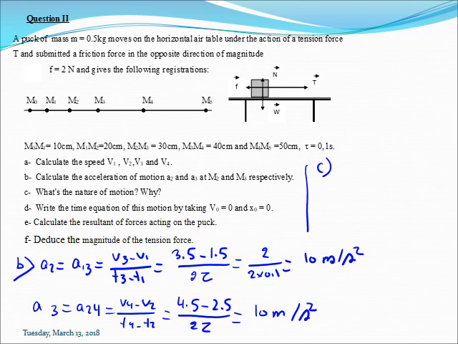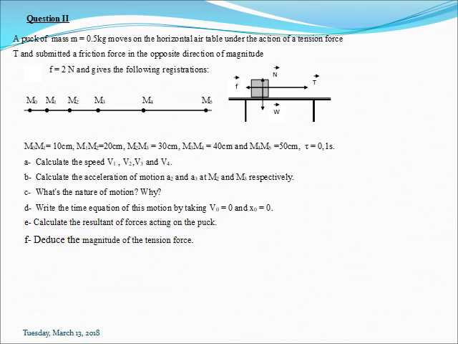Part C. What's the nature of motion? A2 equal A3 equal 10 meter per second square equal constant. Then the motion is uniformly accelerated rectilinear motion. D. Write the time equation of this motion by taking v0 equal 0 and x0 equals 0.